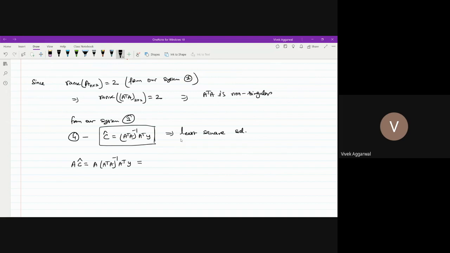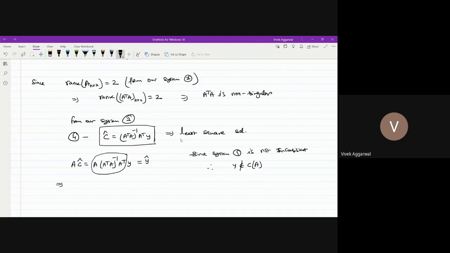So what is going to happen here? From the above, I know that system 1 is inconsistent, because the element y does not belong to the column space of the matrix A. Because this system is not going to have a solution, it means that y does not belong to the column space of A. But now what we have done is taken a projection of y, pre-multiplied, and I got a y hat.